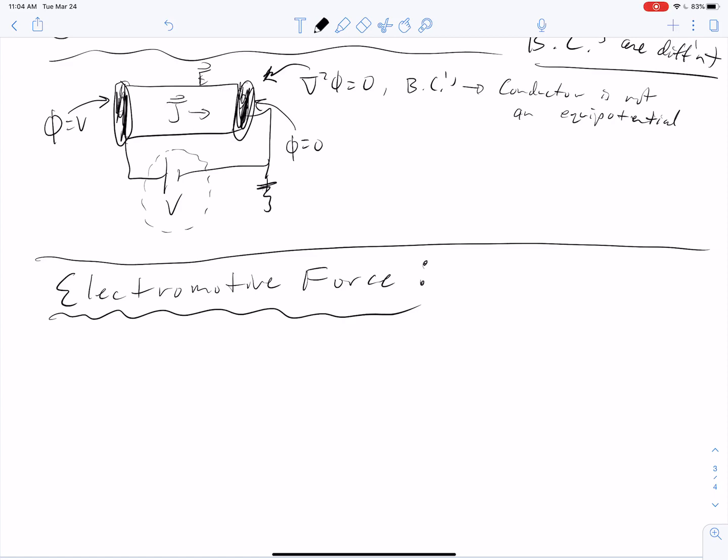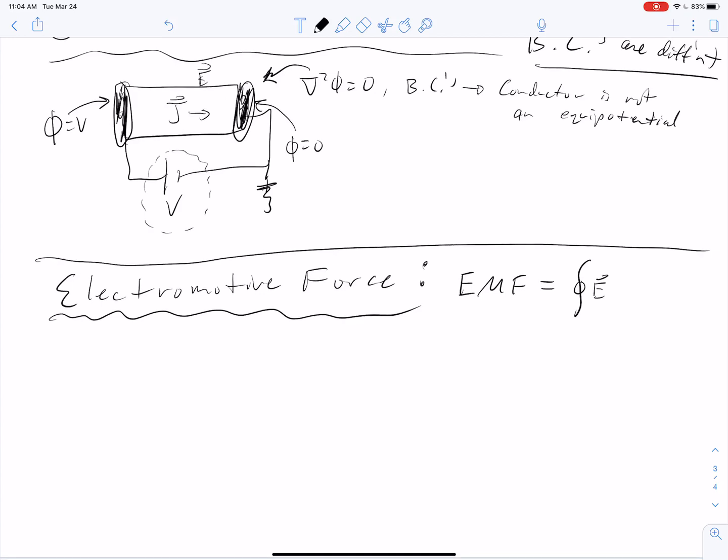Electromotive force is also known as EMF. And it has a simple definition. Basically, if I have a loop, then if I integrate the electric field dot dl around the loop, that's EMF. So here's a loop.